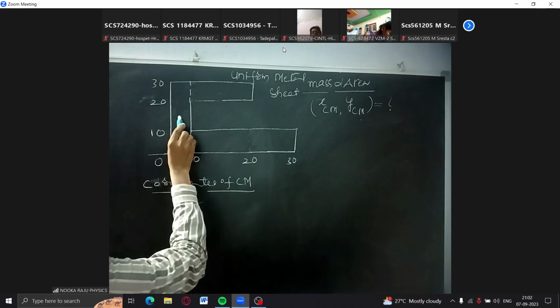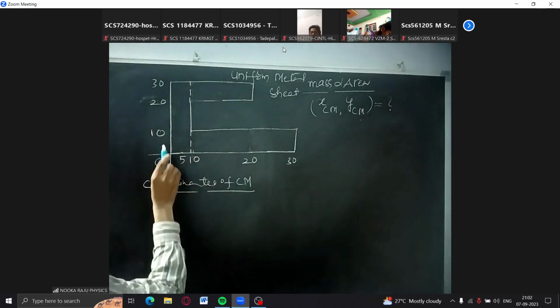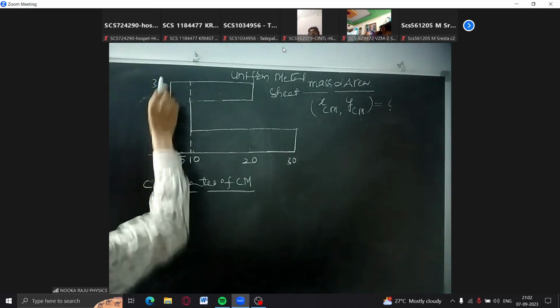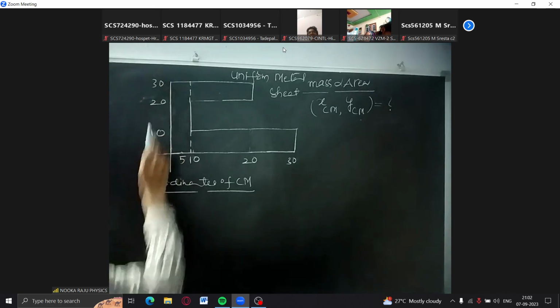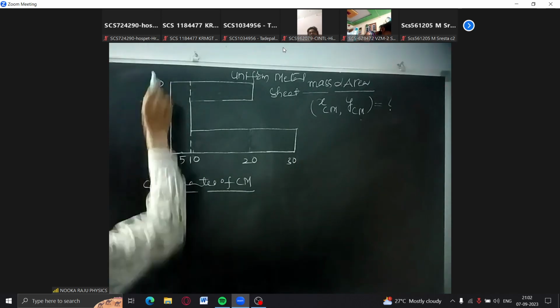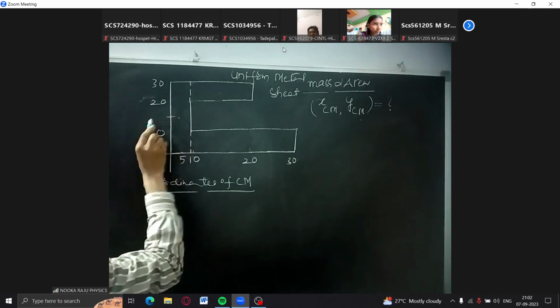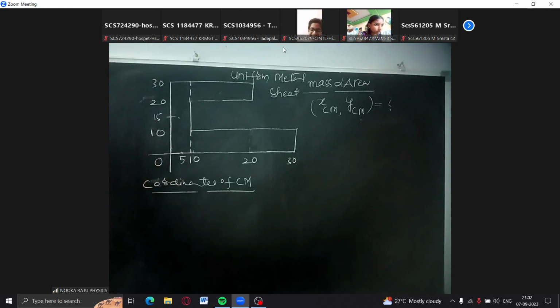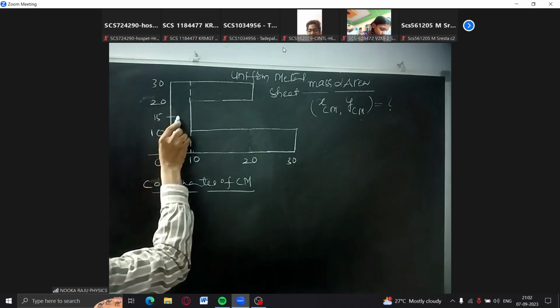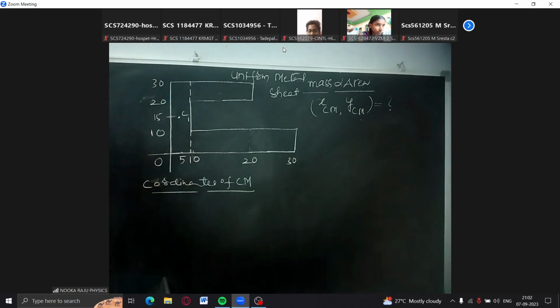From 0 to 30, exactly 15. This is 15. Now this is the first center of mass, C1.